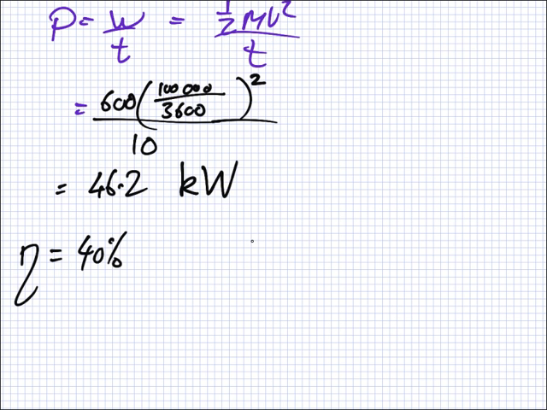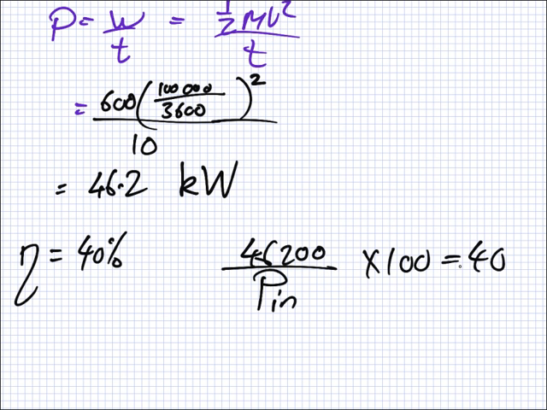So, power out over power in times 100 equals 40. So what's the new power? If you cross multiply, what do you get? 115 point, so 116 kilowatts.